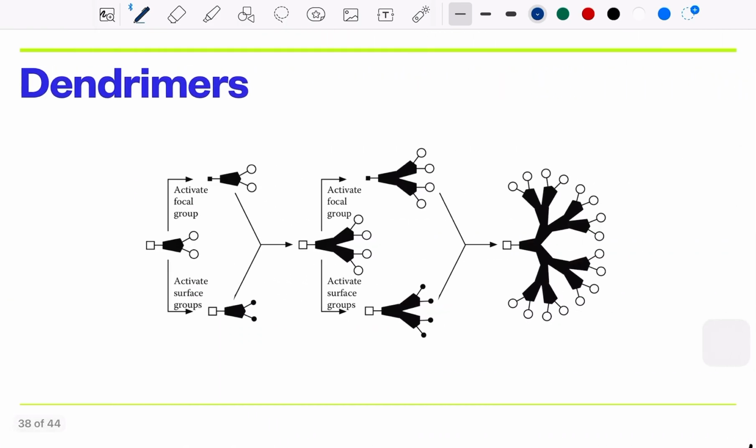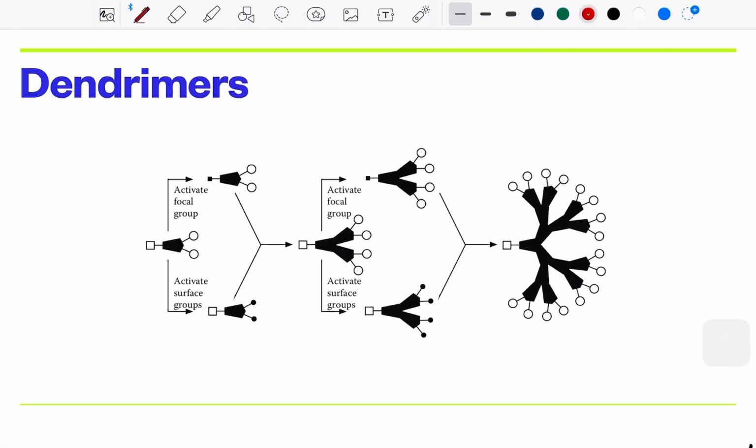And we can also make this, okay? It's similar to the first one, the second one, but we have two branching units from the core molecules, okay.